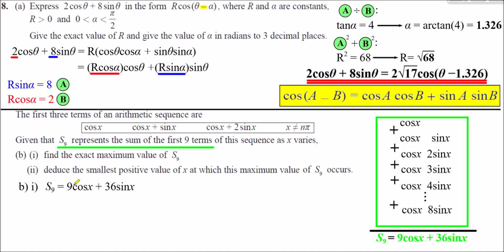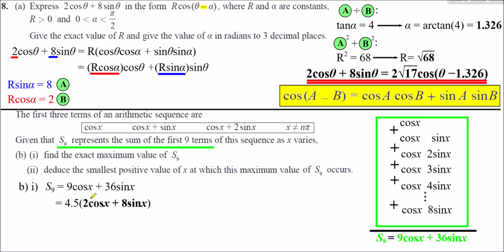If I factorize out, weirdly you might think, a 4.5, in the brackets I now have 2 cosine x plus 8 sine x, which is exactly the expression from part A. But part A showed this can be rewritten in a more useful format, and so for 2 cosine x plus 8 sine x, I can use this version of it instead.